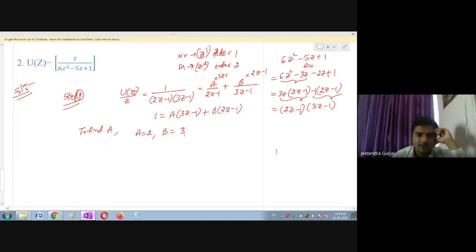Okay, then we will go to simplifying the example, students. Now we will just see. If I put here A is equal to 2 and B is equal to 3.